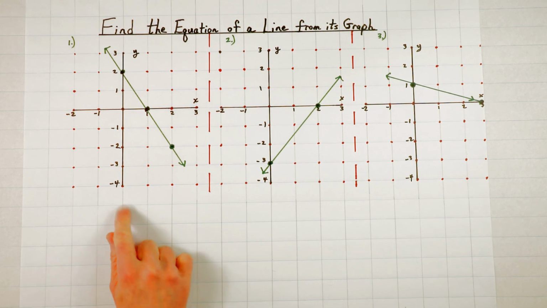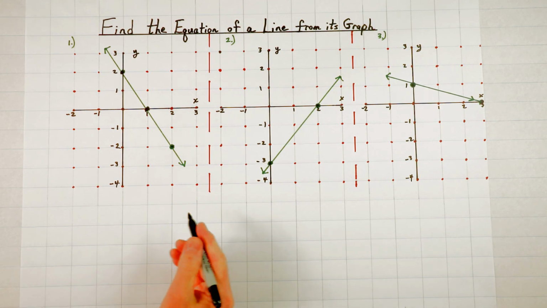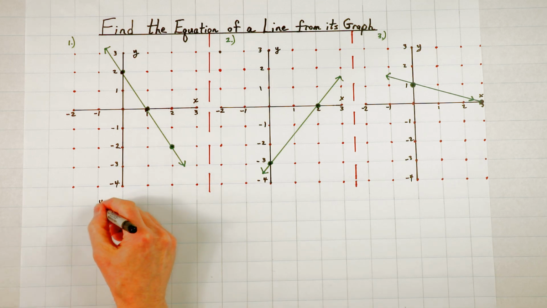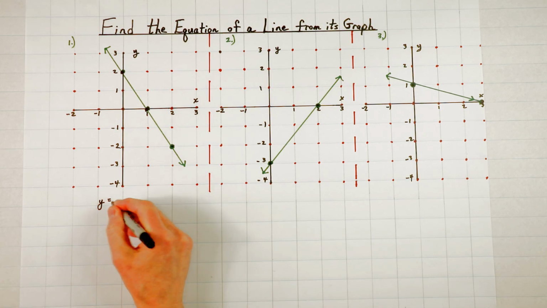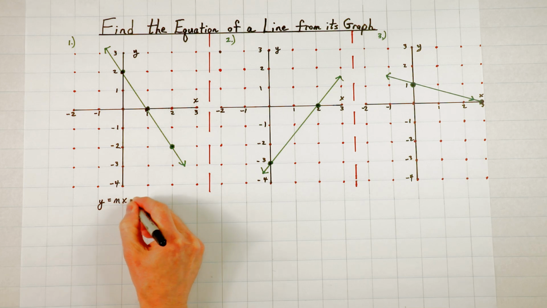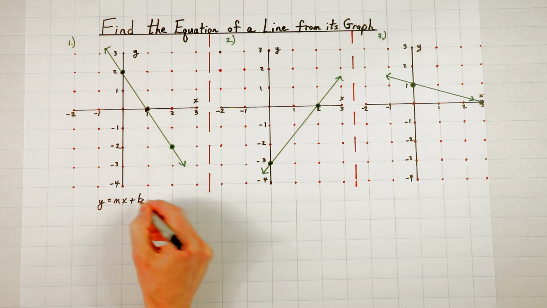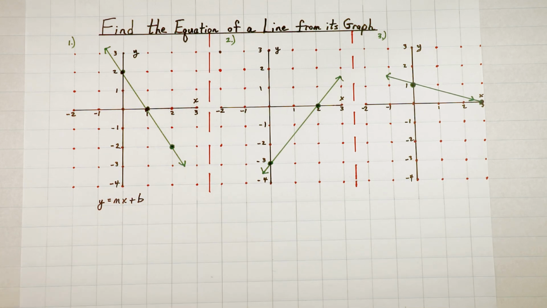Number one here. So I'm going to start off by writing y equals mx plus b. That's a great starting point when we're trying to find the equation of a line. So the first thing I'm going to do is go to the y-intercept.